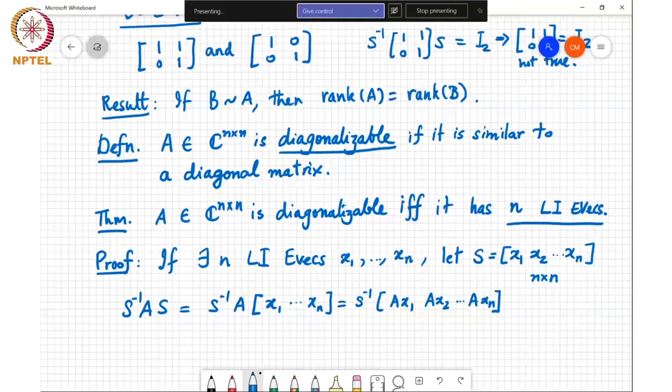Because these are eigenvectors of A, Ax1 is lambda 1 x1, so I have S inverse times the matrix with columns lambda 1 x1, lambda 2 x2, up to lambda n xn.